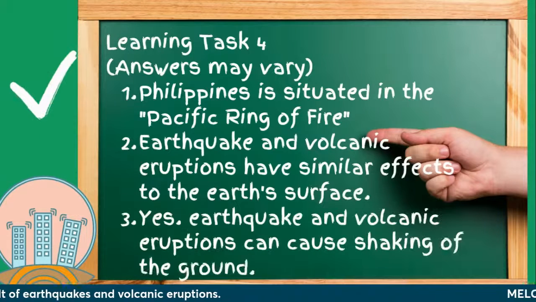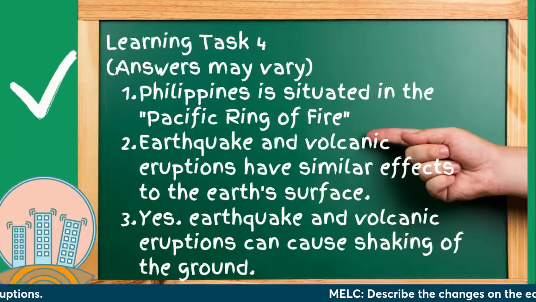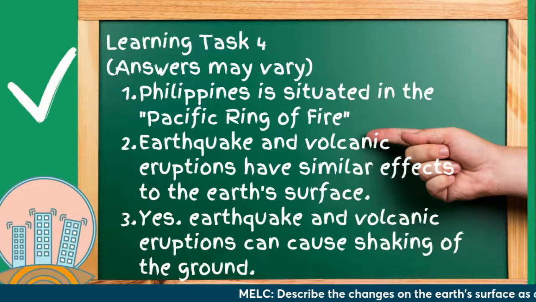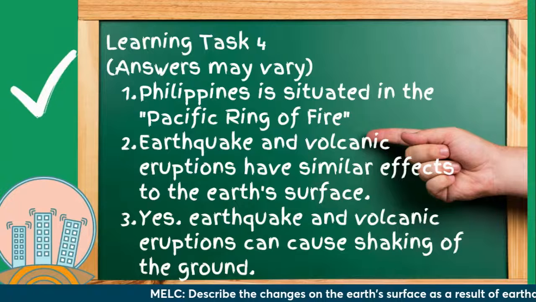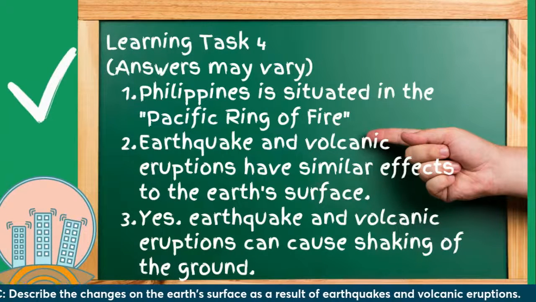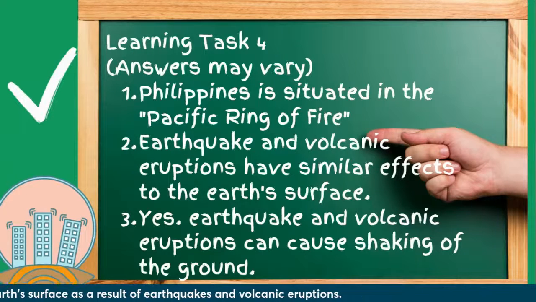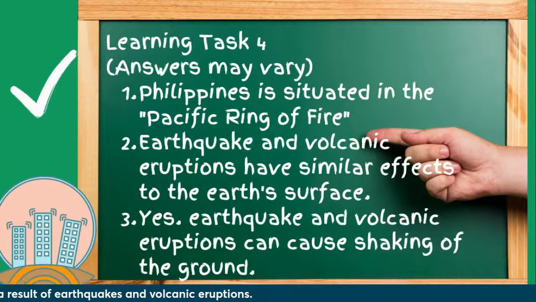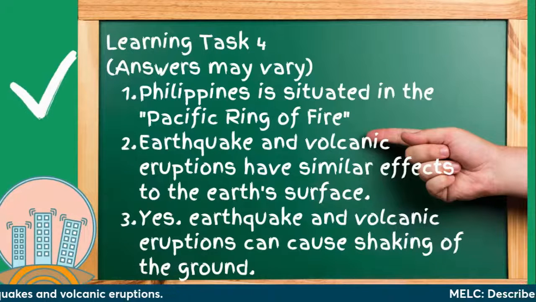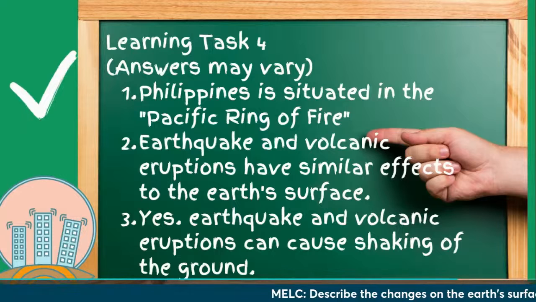For learning task 4, your answers may vary. 1, Philippines is situated in the Pacific Ring of Fire. That is the answer. Number 2, earthquake and volcanic eruptions have similar effects to the Earth's surface. And number 3, yes, earthquake and volcanic eruptions can cause shaking of the ground.